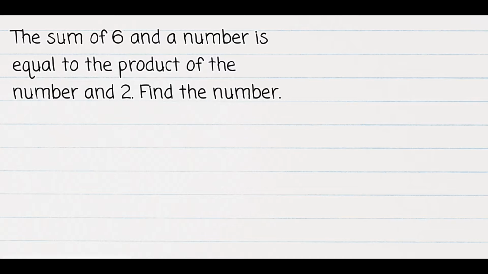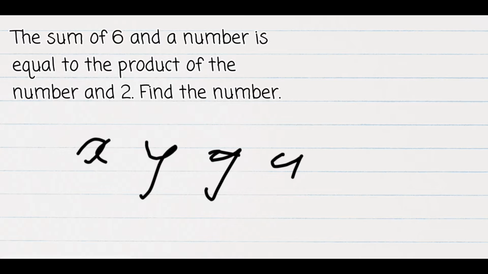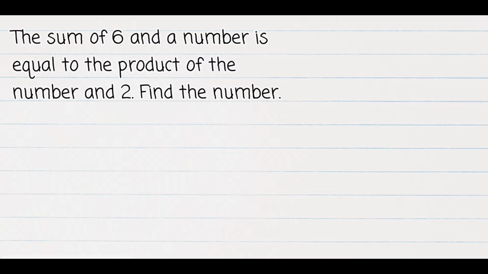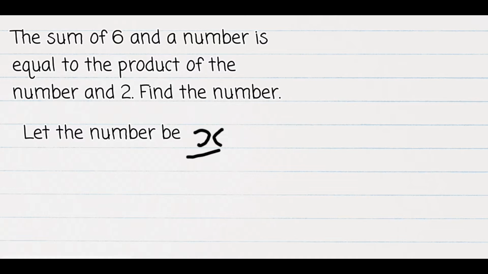We don't know the particular number, so we are going to pick a letter to represent the number. It can be X or Y or G or A or Z, but for this example let us choose X. So let the number be X. Now we're going to put this X into the expression.